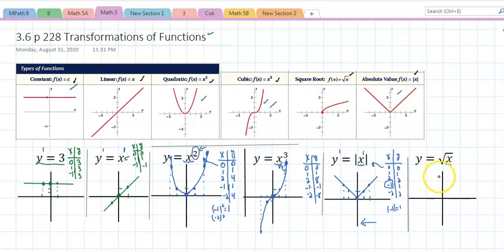When I get to y equals radical x, I have to be careful because of the domain. The domain here is that x is bigger than or equal to 0. So if I pick points, I have to pick them positive. I pick 0, 1, and I normally pick 2.